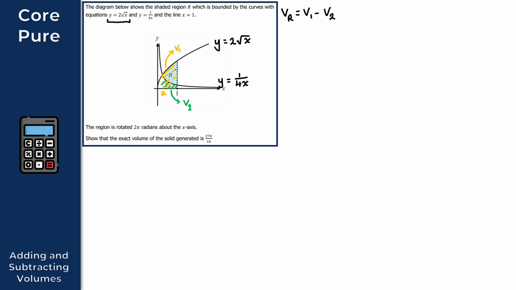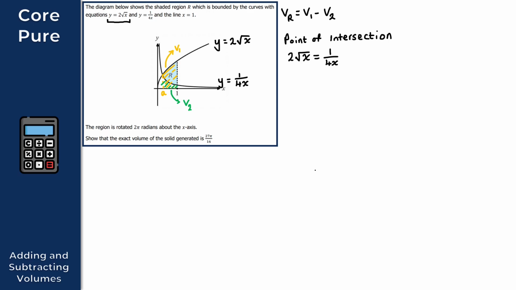So before we can find any volumes here, we also need to find this x coordinate for A. So to do that, we need the point of intersection for these two curves. For the point of intersection, we get 2 root x is equal to 1 over 4x.